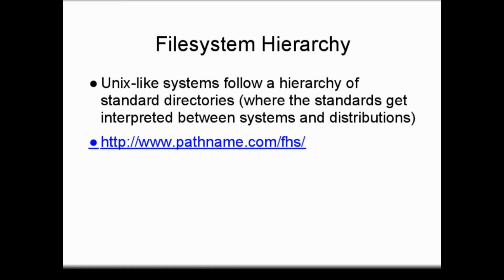Now, all directories on a Unix system are organized according to the file system hierarchy, and there is a specification available for the file system hierarchy which different distributions follow to different levels, and the standards get interpreted a bit between systems and distributions.